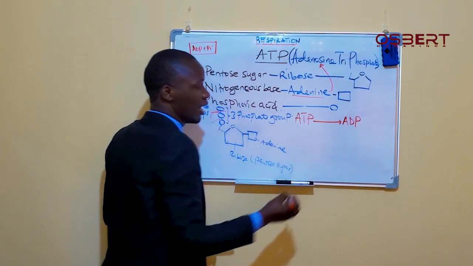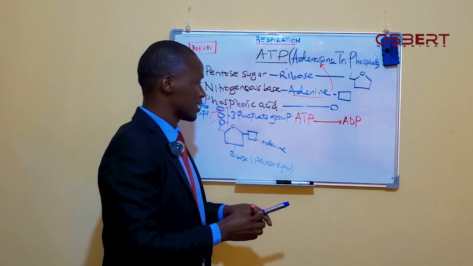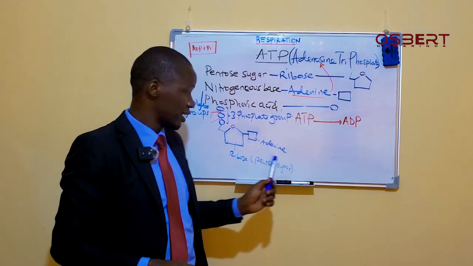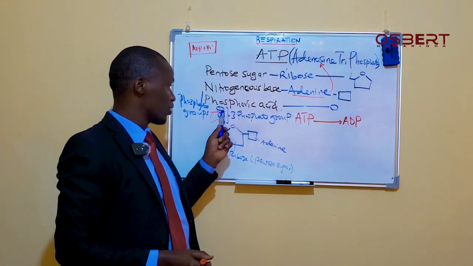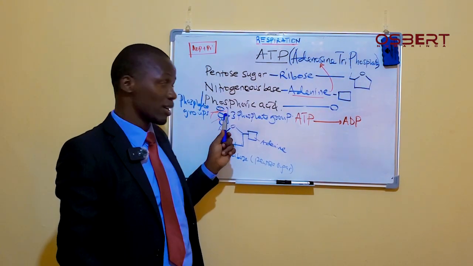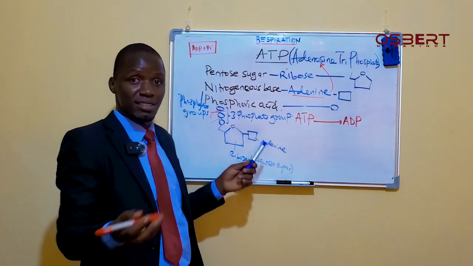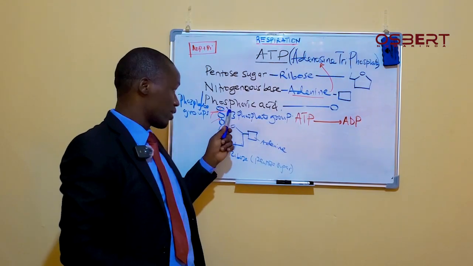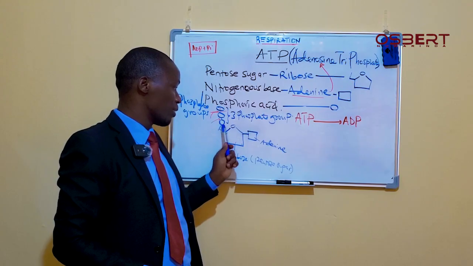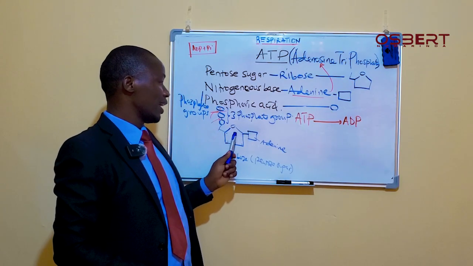ADP. Now, what is this D? Remember, T was representing triphosphate. But what have I said? One phosphate group has been broken off because we want to release the energy. Because within this bond there was energy we want to release, so it can be used by the cell. So one bond breaks off. When one bond breaks to release energy, what you remain with is ADP.